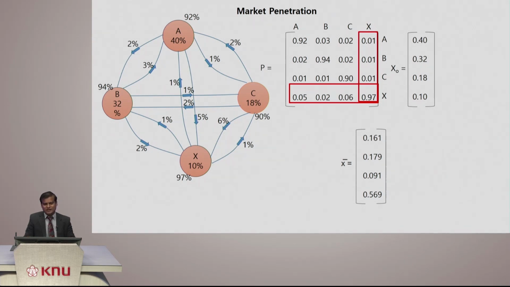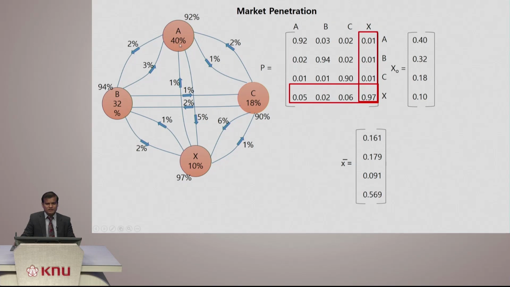maybe soap or any other product you can think about. So A, B, C are 3 different soaps or perfumes we can consider. A, B, C are already in the market and now you are introducing a new perfume X, and initially A has 40% of its market share, B has 32%, C has 18%.